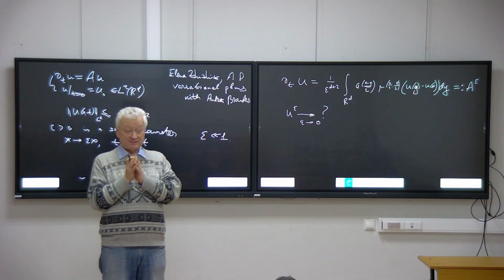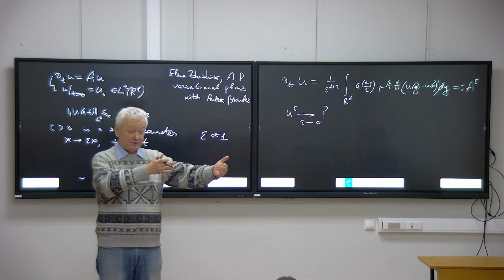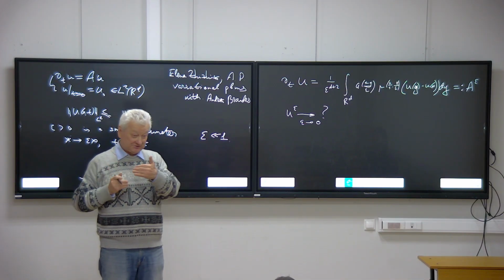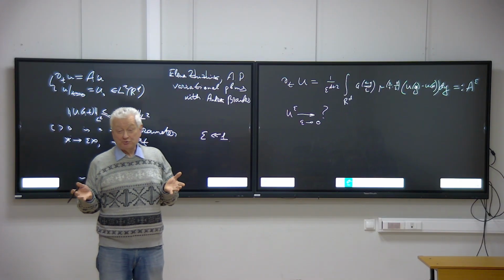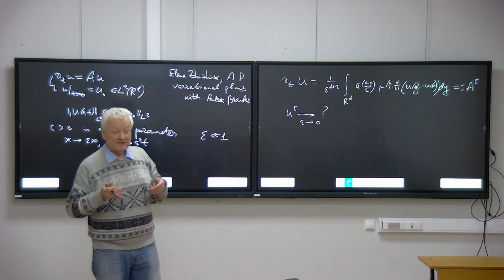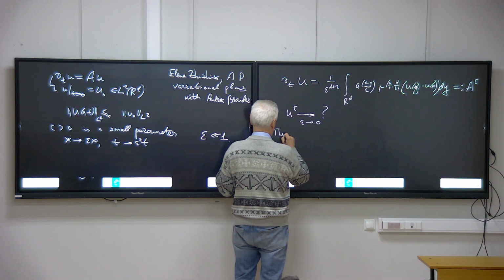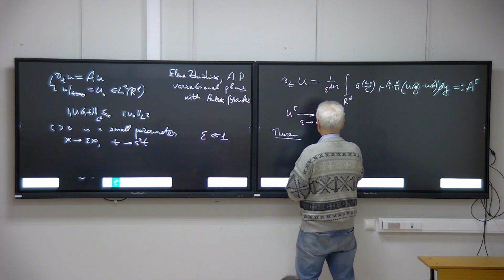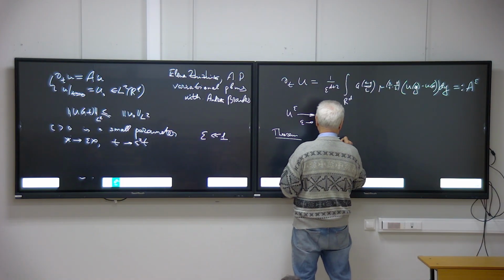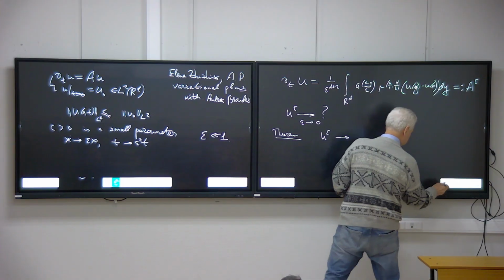Since the period is getting smaller and smaller, the limit operator should inherit the translation invariance property of A epsilon, so the limit operator should have constant coefficients. And that's the case. So, theorem: u epsilon converges for any U0. Let me write it.